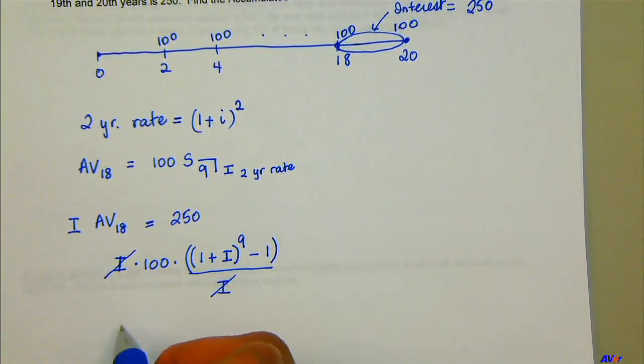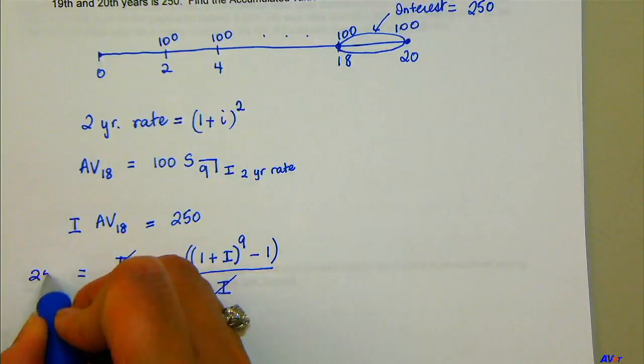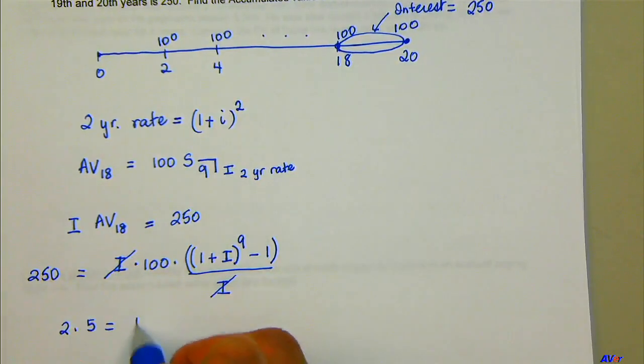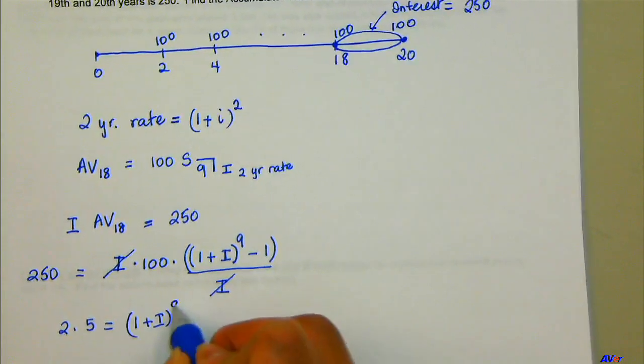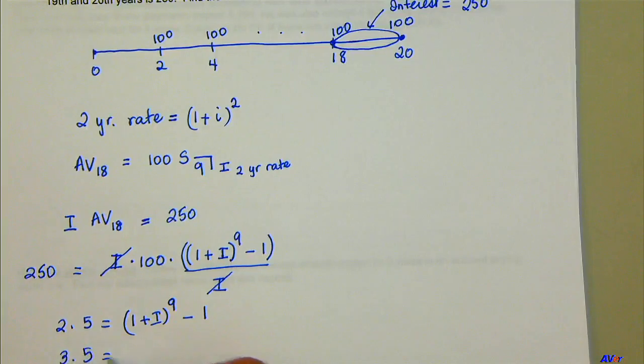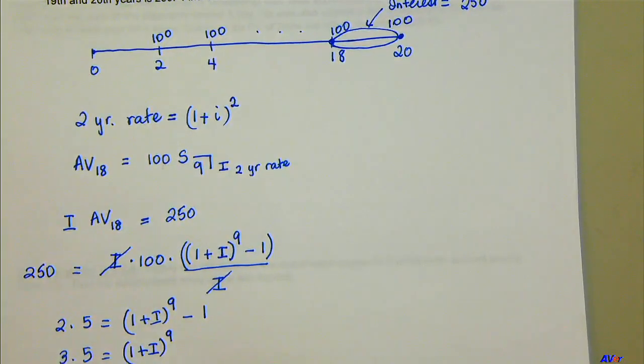So this is equal to 250. Divide by 100, you get 2.5 equals 1 plus I to the 9 minus 1. Bring the 1 over. 3.5 equals 1 plus I to the 9. So 1 plus I equals 3.5 to the 1/9.